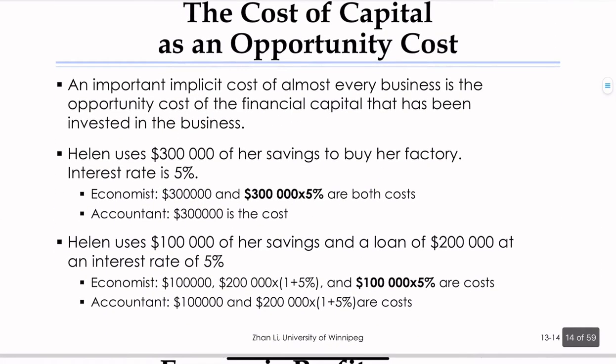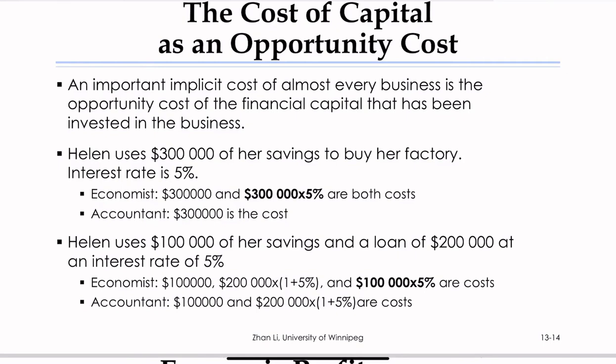Now let's see this example, which tells you how to measure implicit and explicit costs. So let's say to build her factory, Helen uses $300,000 and the interest rate is 5%. Now, how would costs be measured by an economist and an accountant in this case?